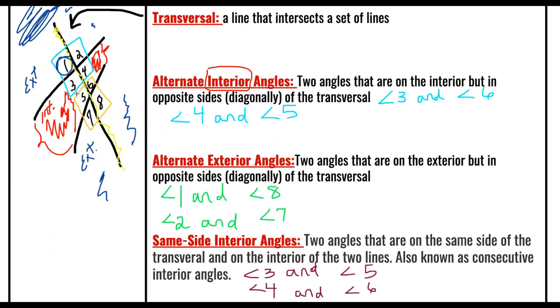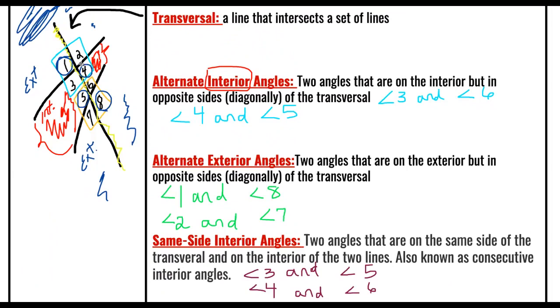Well, that would be 5. See how they're in the same position? That's corresponding, okay? And you can do the same thing with the other 3. Same thing. See, angle 8 is in the bottom right. So that means it's corresponding with angle 4 because it's in the bottom right. They're in the same position. And you can do the same thing with 2 and 6 and 3 and 7.